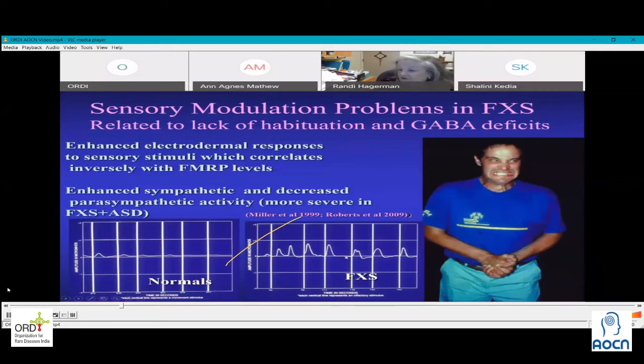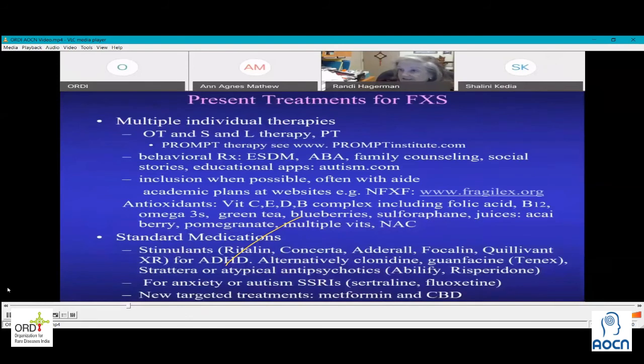And individuals with Fragile X syndrome have more sweat response to environmental stimuli, whether it's tactile, olfactory, any kind of sensory stimuli. And it doesn't habituate over time, and this is what can lead to outbursts because they get overexcited with different types of sensory stimuli. And there's various ways we treat this.